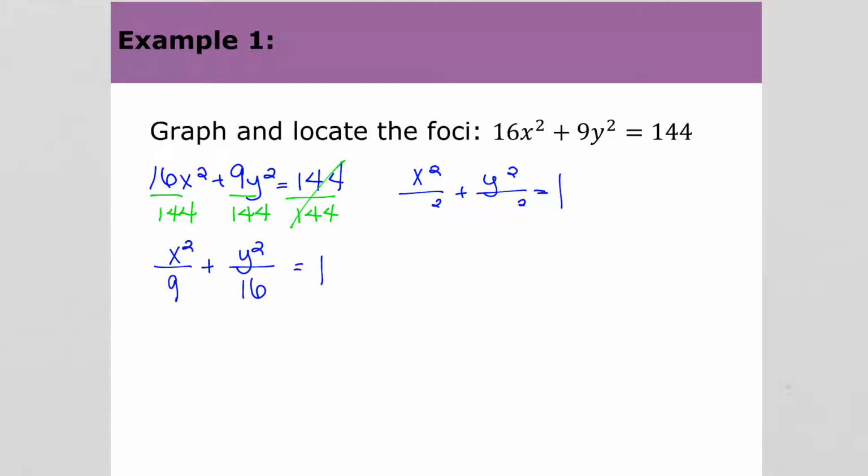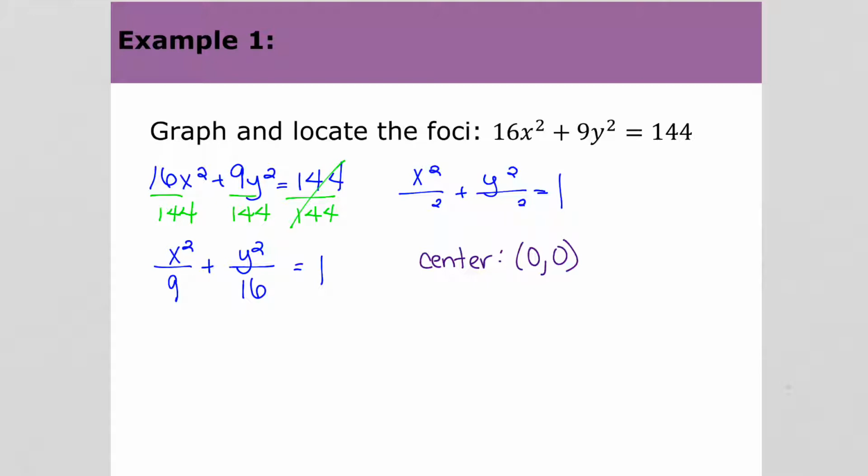So the center of this one is at 0, 0, because we don't have anything added or subtracted to the x and y. Then the next step is to find A. A will be your bigger number, okay?